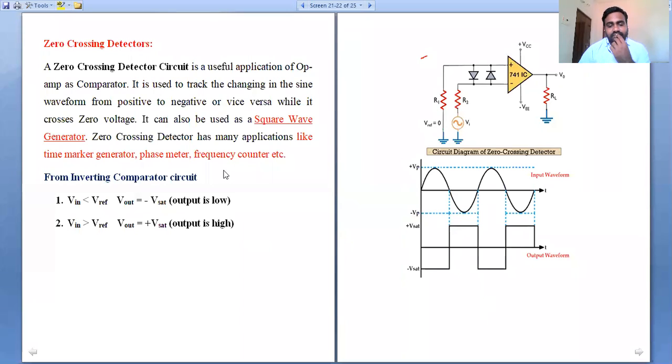So the comparator, when the input voltage crosses the zero magnitude, the zero crossing detector will produce a particular output voltage. That is the principle of the zero crossing detector.